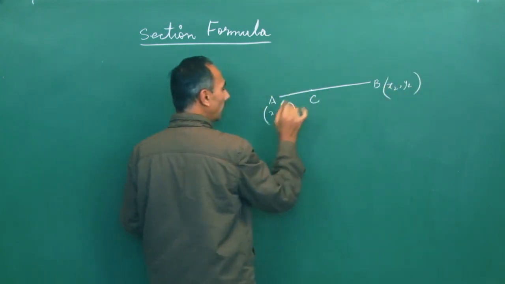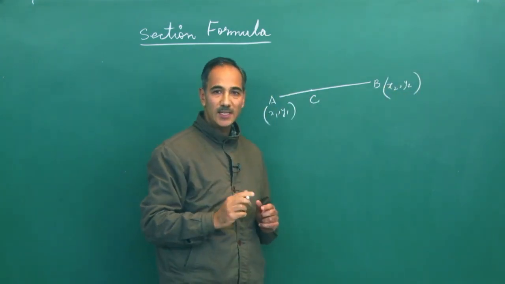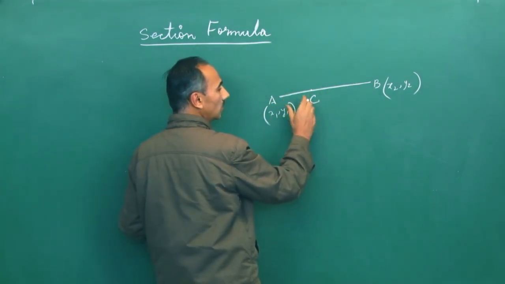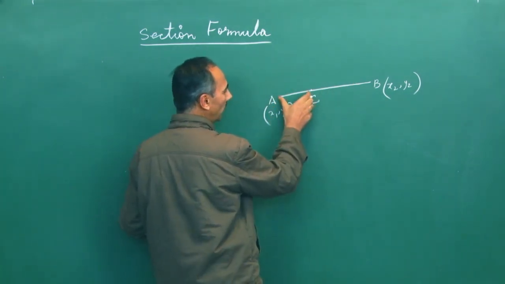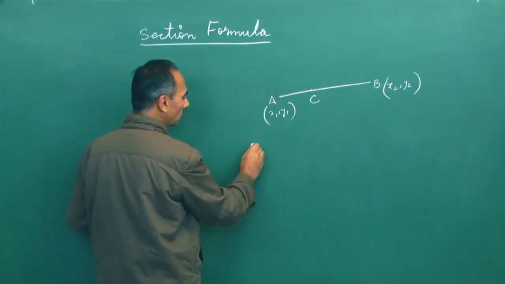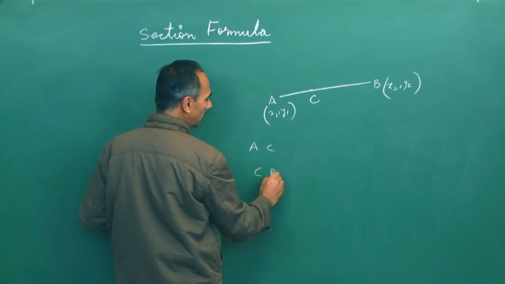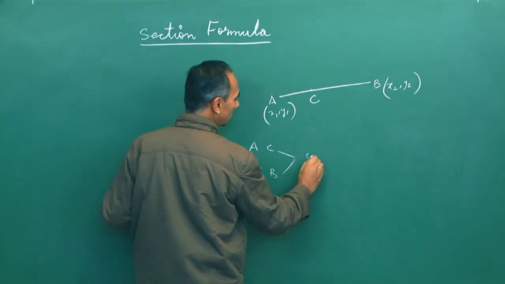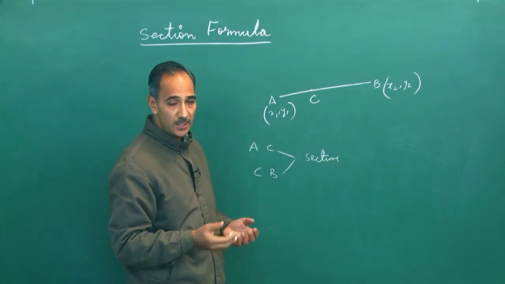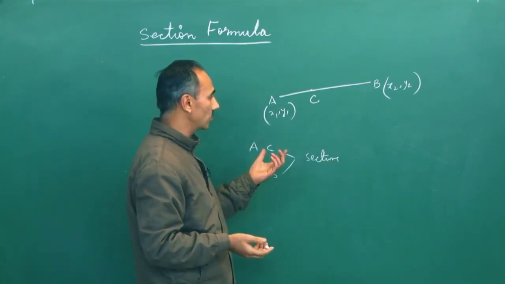Now, when you choose a point on a line segment AB, we say that this line segment got divided into 2 parts. One part is AC, the other part is CB. Together we say AC and CB, they are both sections. In fact, they are segments also. AC is also a line segment, CB is also a line segment.